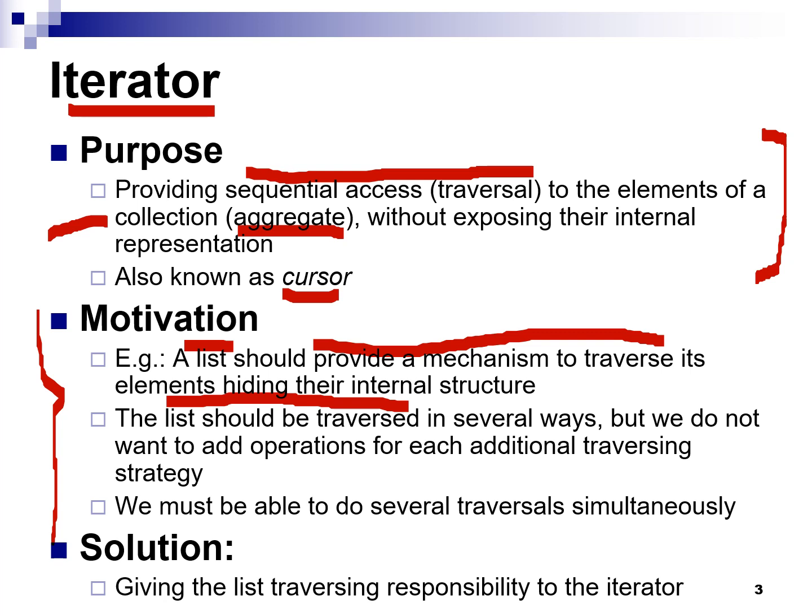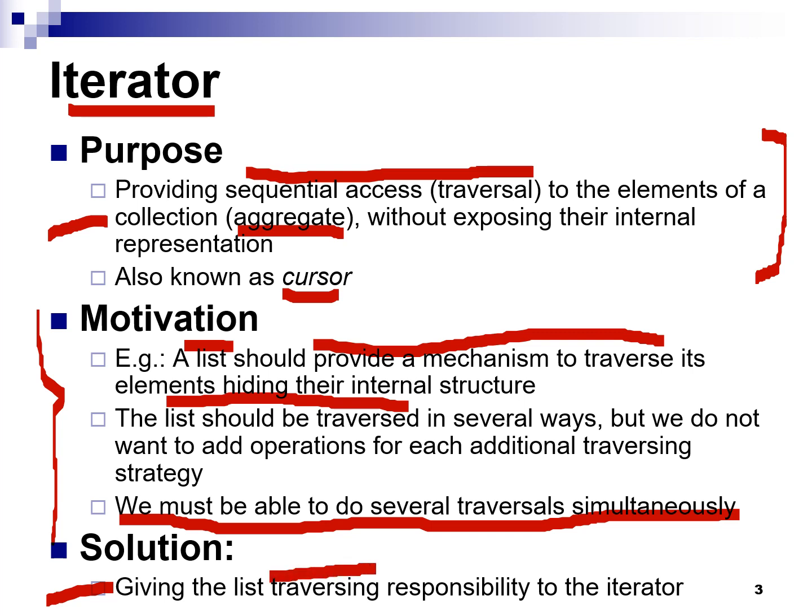On the other hand, you may want to have a collection and you may want to have different traversals simultaneously. Right? So the solution here is to separate the collection from the iteration strategy. And so the idea is that the traversal responsibility goes to a class which is the iterator class.